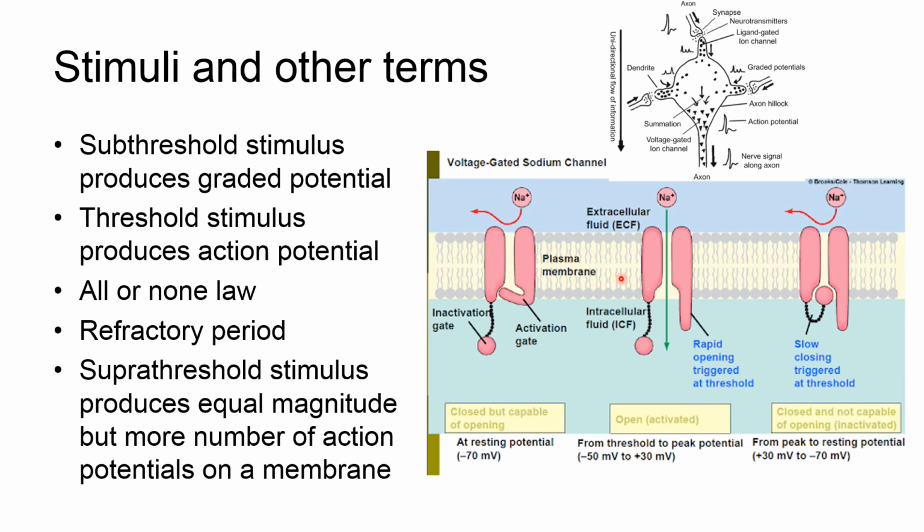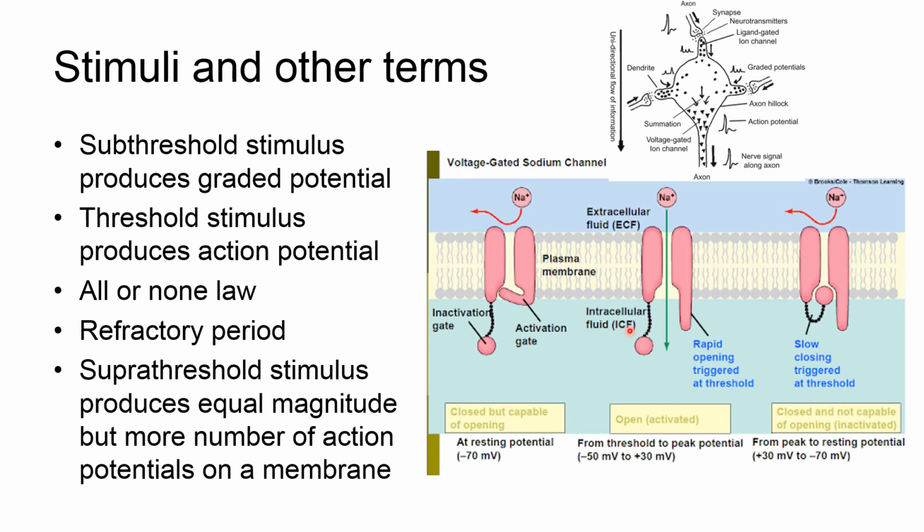They can even produce the same magnitude of action potential. It means the membrane can depolarize up to a level that is fixed. It is the same for a threshold level of stimulus or greater than threshold level of stimulus. That is called the all or none law. Either an action potential will be produced or not.